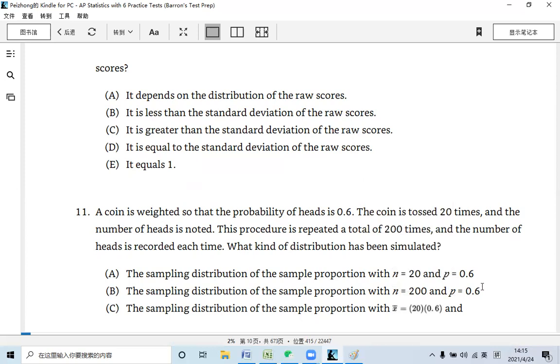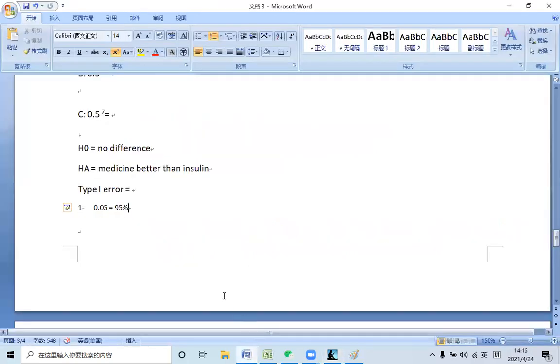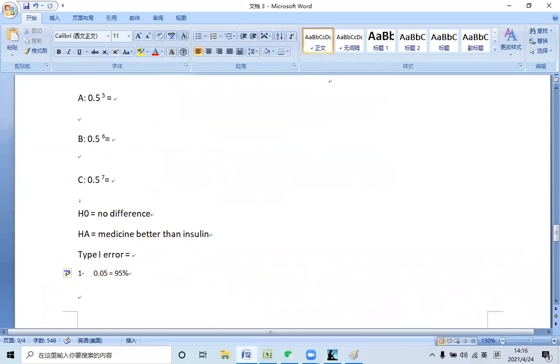The probability value. So basically we need to figure out what is being done here. Try one: throw the coin 20 times, and suppose you get a head count of 10.